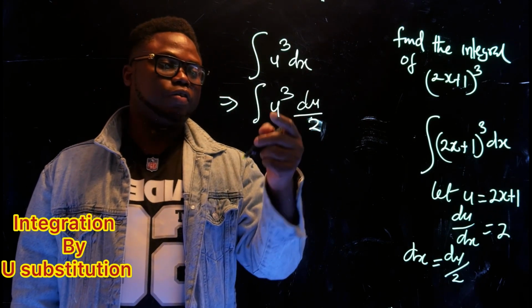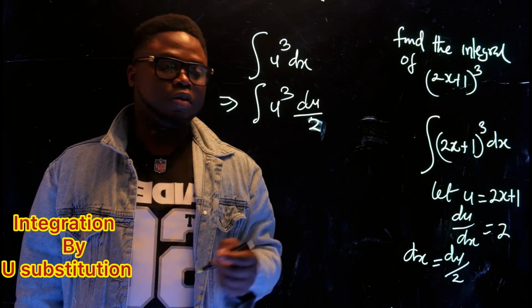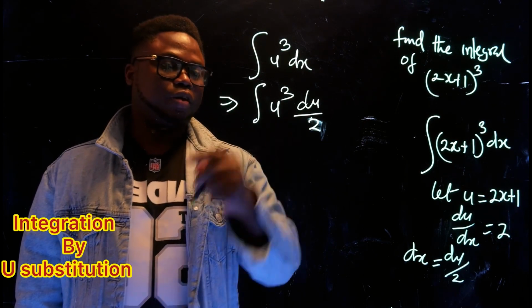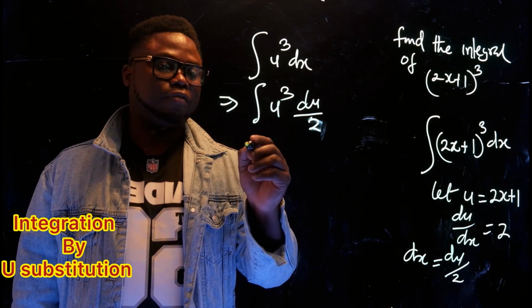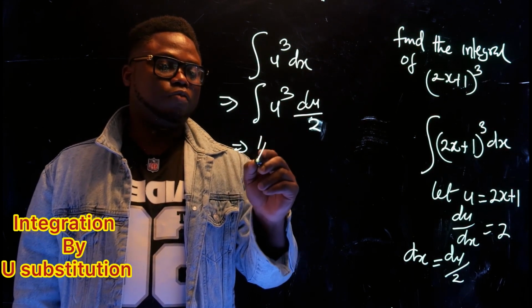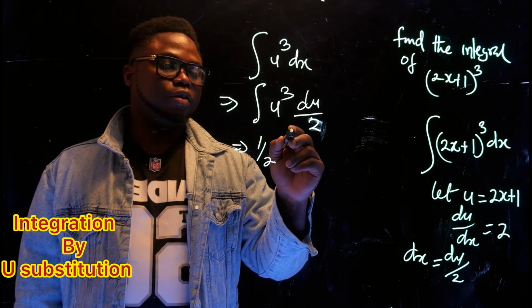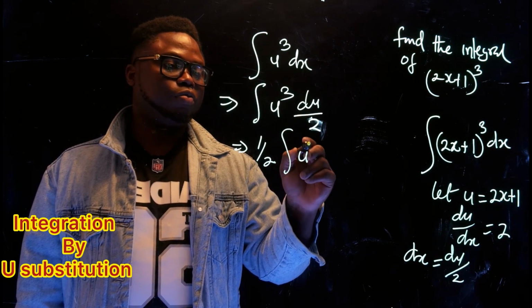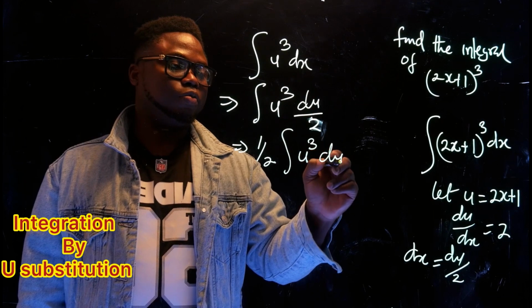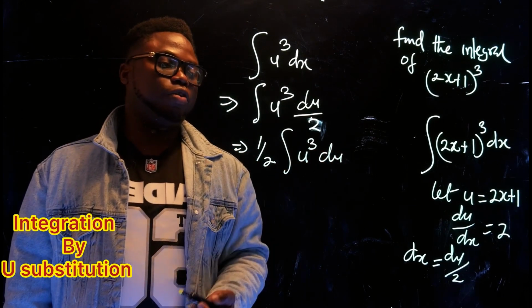So for me to integrate this, this is a constant, so I'm going to bring it out of the integration sign. And I will have 1 over 2, then integral u raised to the power of 3 du. You can see I have u here and I have du here.